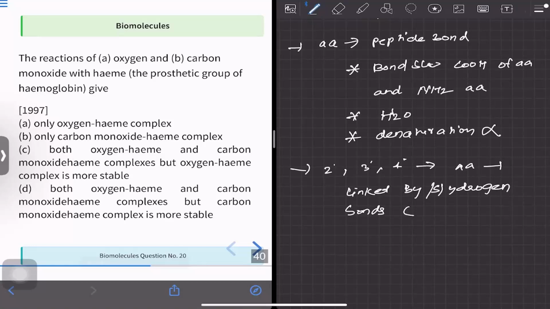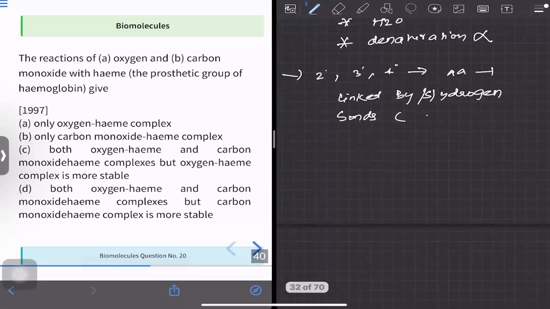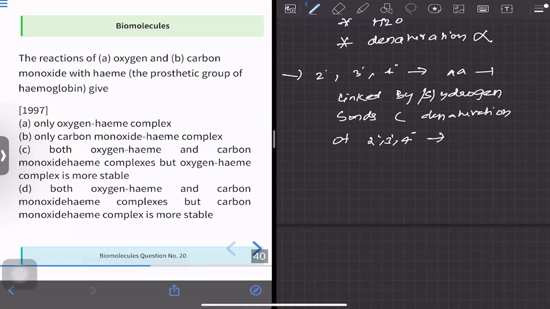So we can easily break hydrogen bonds. So denaturation of secondary, tertiary, and quaternary structures leads to distortion of the structure.